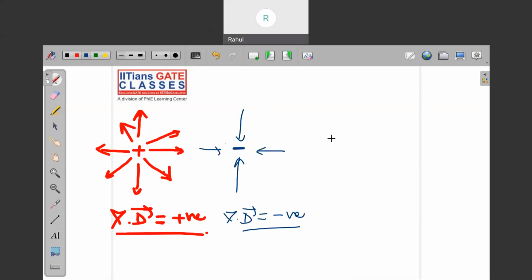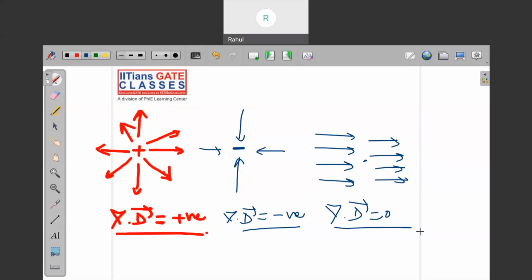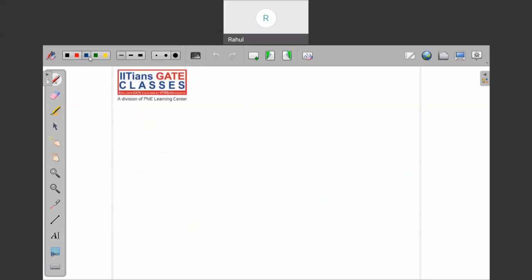And suppose there is a flux line like this, and there is a point charge. Whatever flux line is coming in, they are also outgoing. So there is no divergence. We can say divergence is zero. This is a special case.